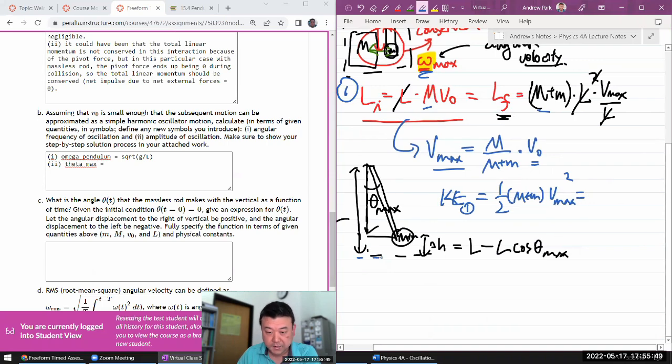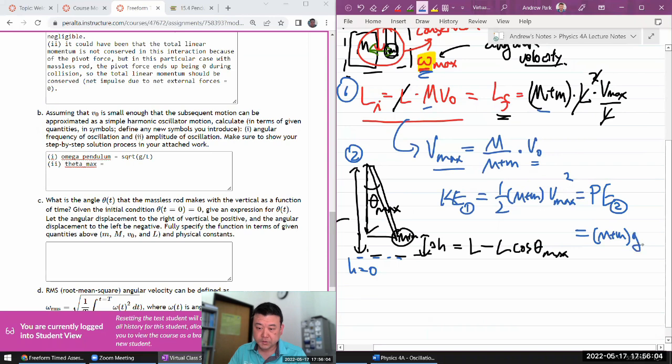So, setting this as my height equals 0, which is kind of implied in how I'm setting things up, potential energy in snapshot 2 is equal to mass times g times this height h, L minus L cosine theta max. So some things cancel.